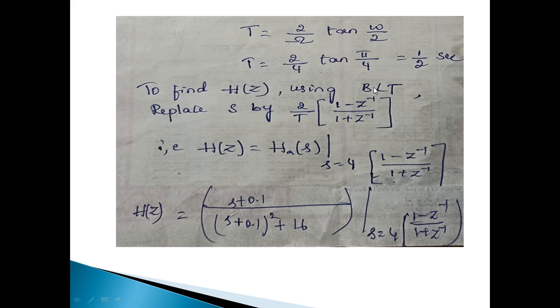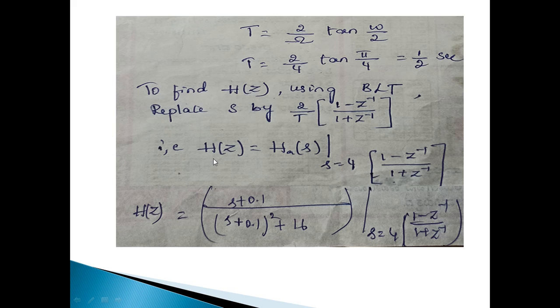Next we need to calculate the transfer function in the frequency domain, that is H of z. H of z can be calculated using the bilinear transformation technique by replacing s by 2 by T into (1 minus z inverse) divided by (1 plus z inverse).